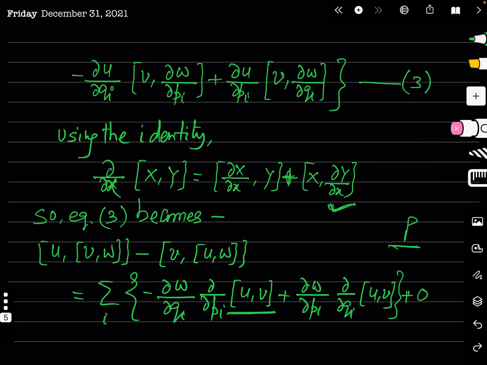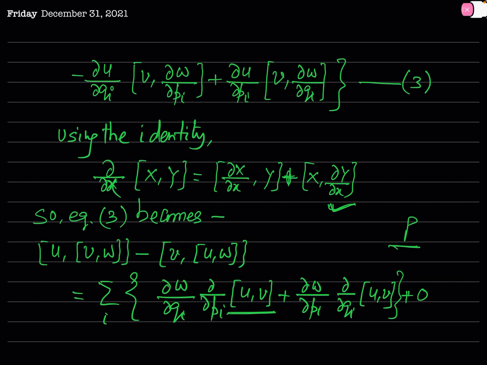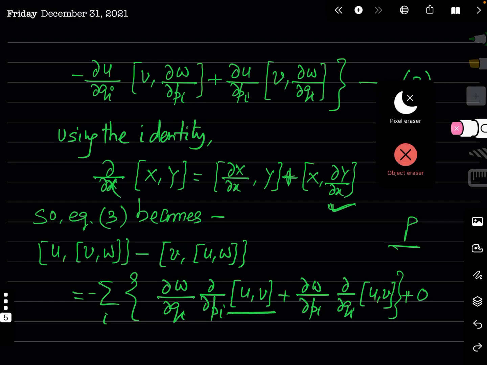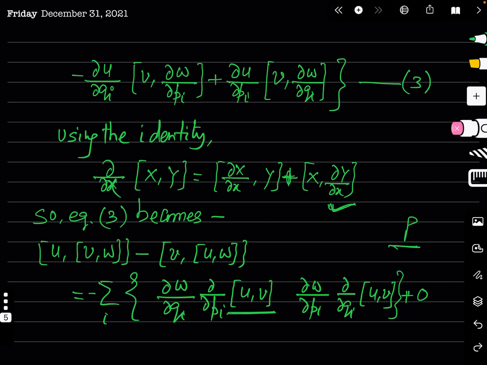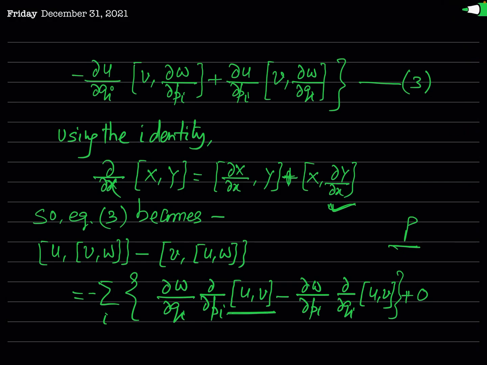I am not writing the next term, but here I am just simplifying this expression in this manner. Now let us take this minus sign as a common factor. If you take minus here as a common factor, then this first term will be plus and this second term will now become minus. Then according to the definition of Poisson bracket, this expression is simply the Poisson bracket of w and p, that is, Poisson bracket of u and v.